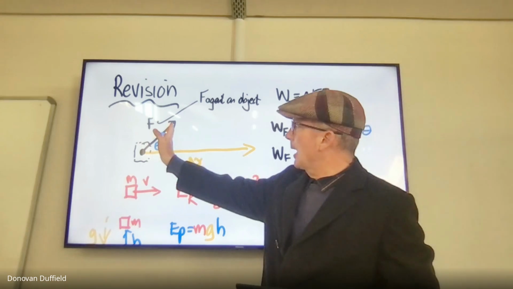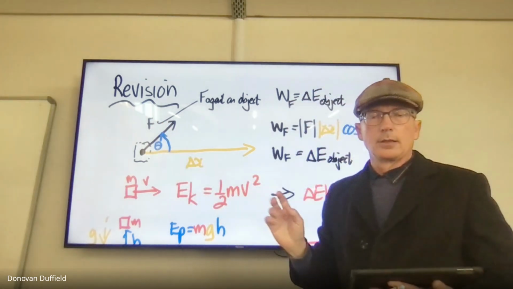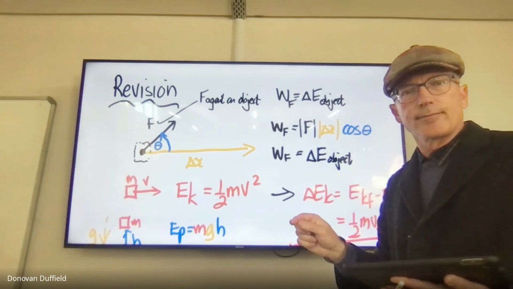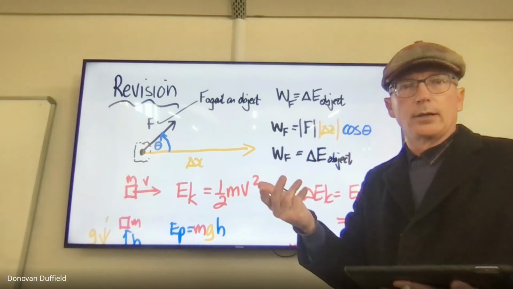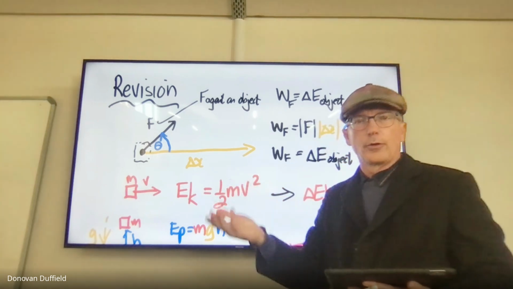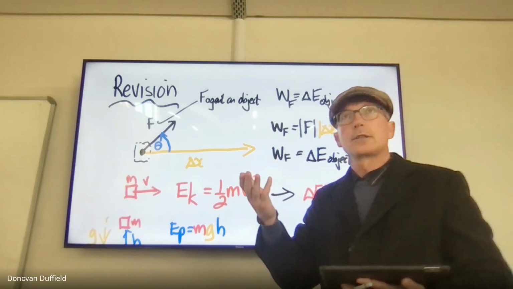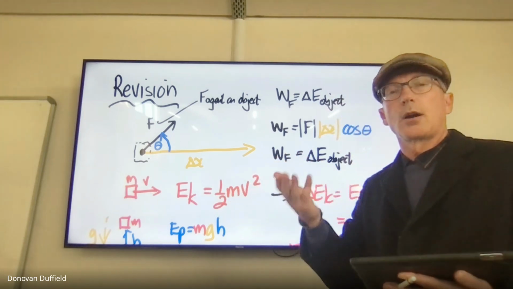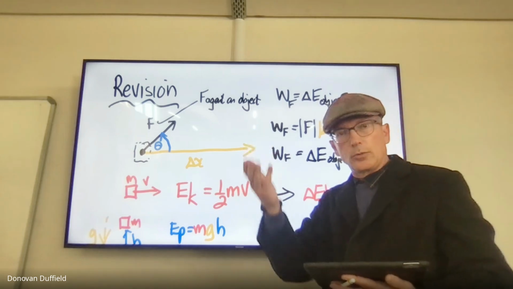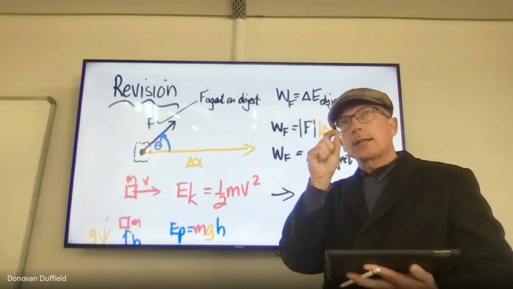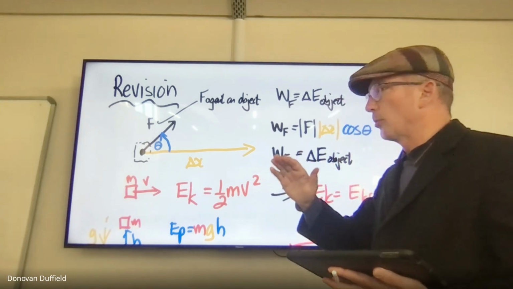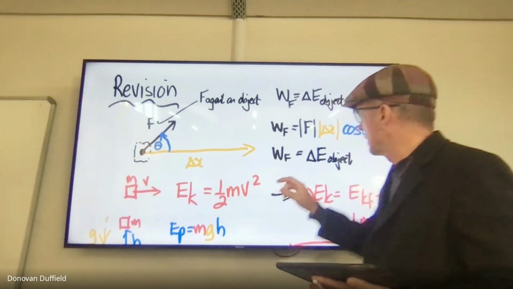So as the angle gets bigger, cos theta gets less, right? So cos 0 degrees is 1. And then as we go further, I think cos 60 degrees is a half. And then it gets less and less and less, as the angle gets bigger, the cos factor gets less.